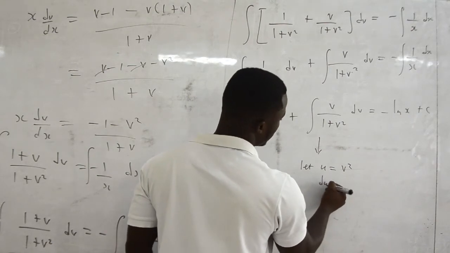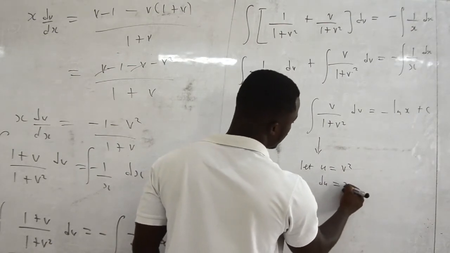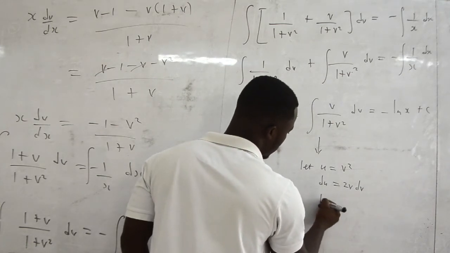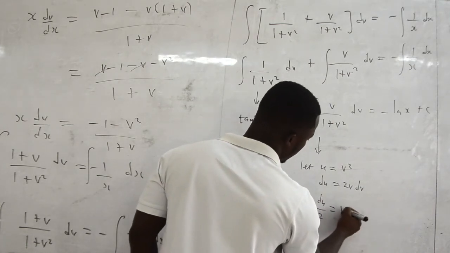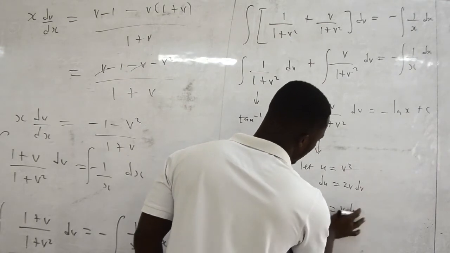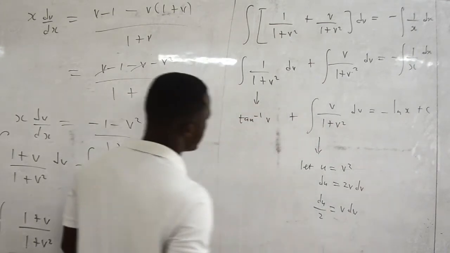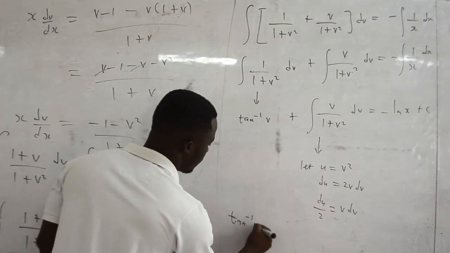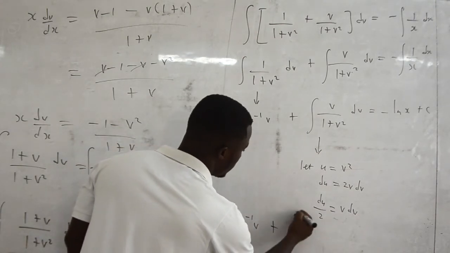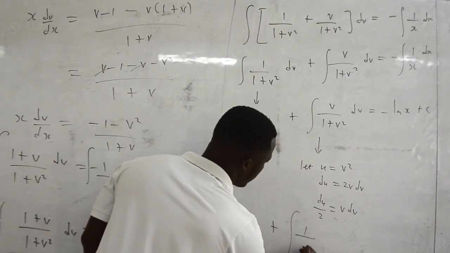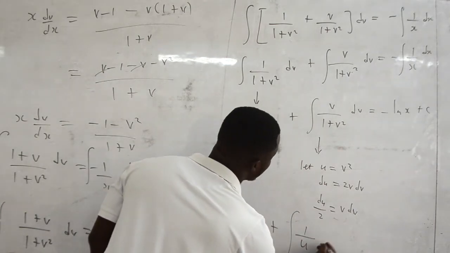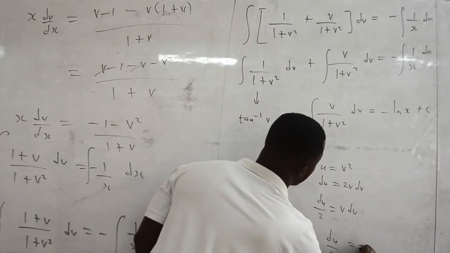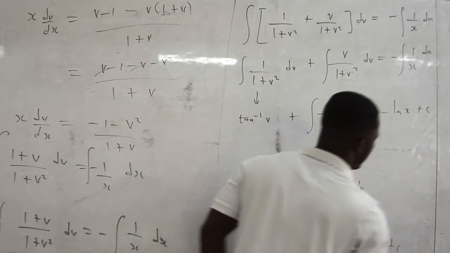So when I differentiate this u with respect to v, I'll get 2v dv. Then I'll have du over 2 to be equal to v dv. So I'll have tan inverse of v plus the integral of 1 over u du over 2 is equal to negative ln x plus c.